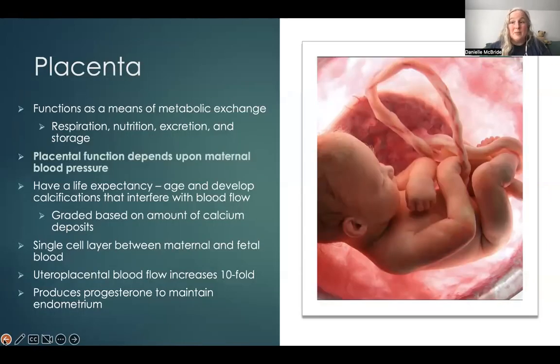And so the other thing that the placenta is doing, besides growing a baby, is it's producing hormones. So the big hormone that it's producing is progesterone, and progesterone helps maintain the pregnancy. It also produces some estrogen and a couple other things.